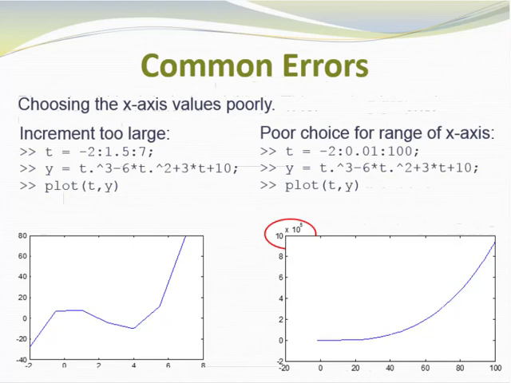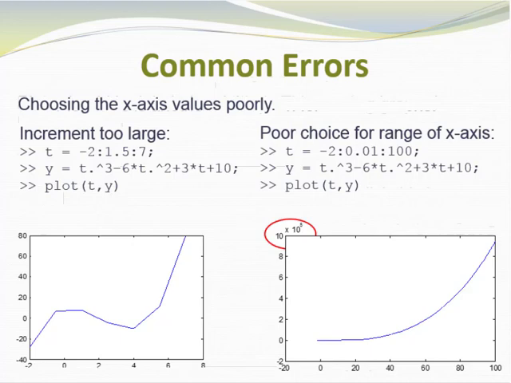Here's another example. This time I'm going to use that nice fine increment of 0.01 that I used the first time. I'm going to start at -2, but I'm going to extend my graph all the way out to 100. And what happens in this case is all the fine detail in my plot basically gets compressed or squashed out.